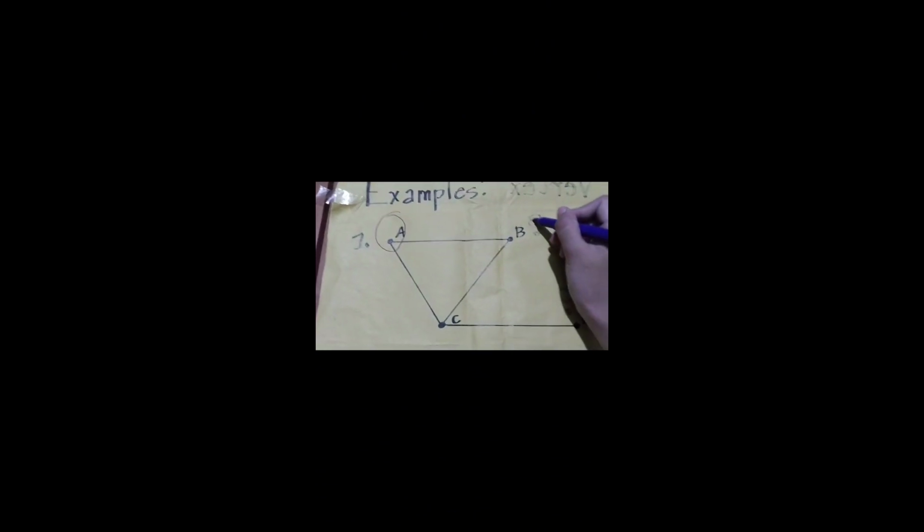We have 3 examples of a graph, and we will find the vertices and the edges of these 3 graphs. Example number 1, we have vertex A, vertex B, vertex C, and vertex D. To know the vertices of a graph, we look for the points or the dots in the graph.